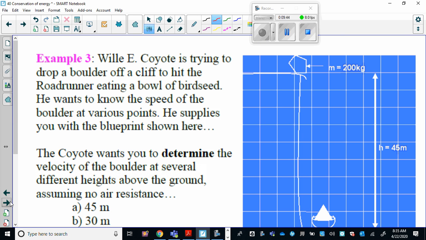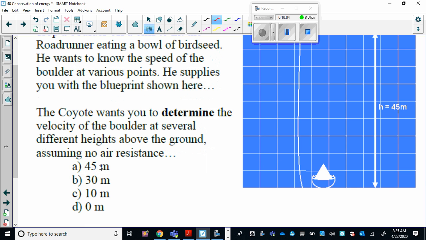All right, onward. Example number 3 is the classic Wile E. Coyote problem. And it's similar to the problem we've just done, except this time, we are going to calculate the velocity at the top. Oh no, not at the top. Yes, at the top.